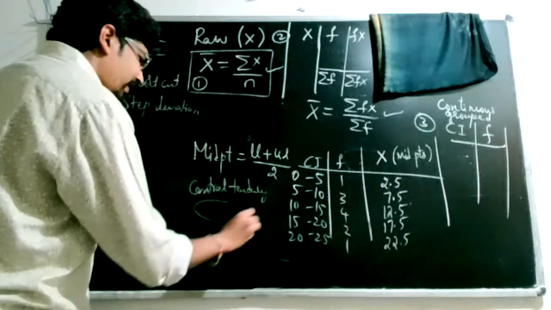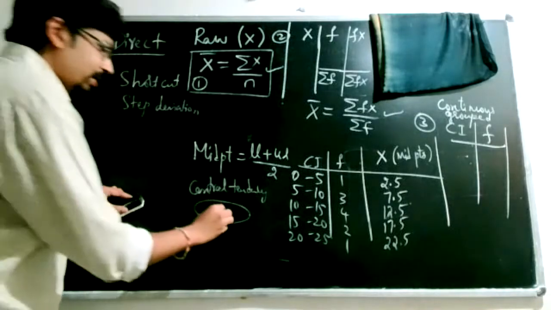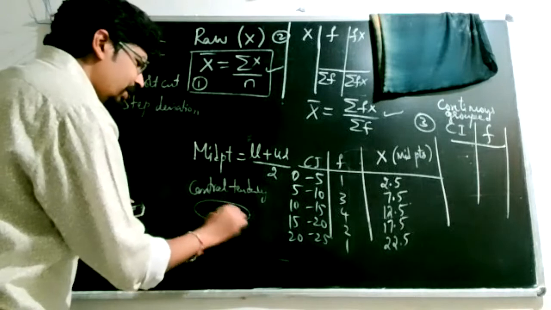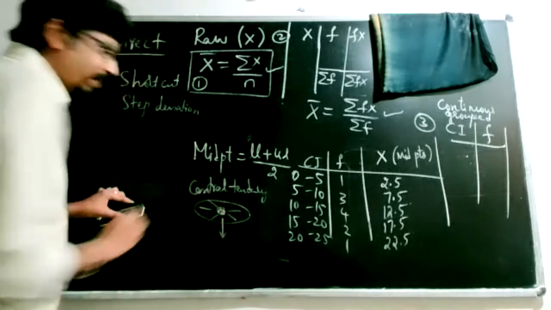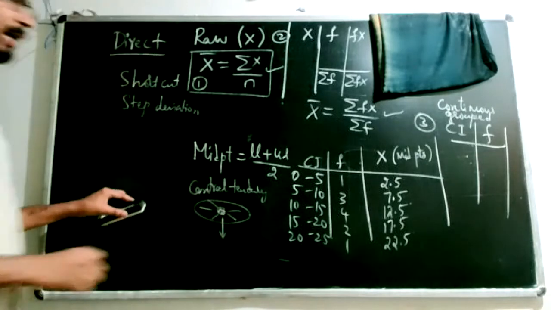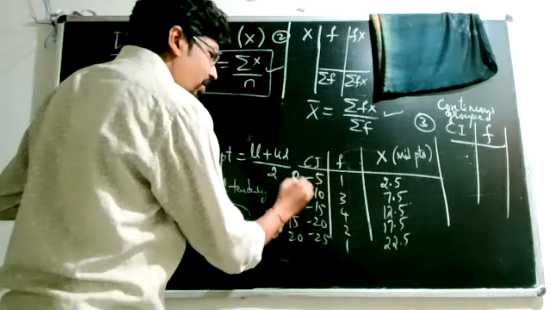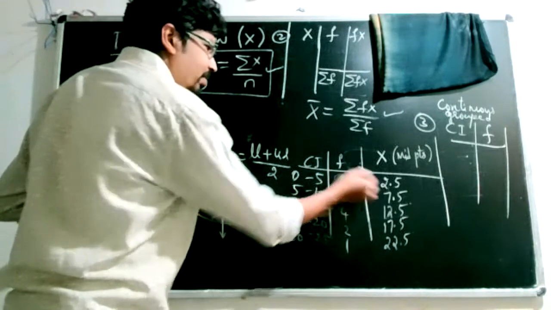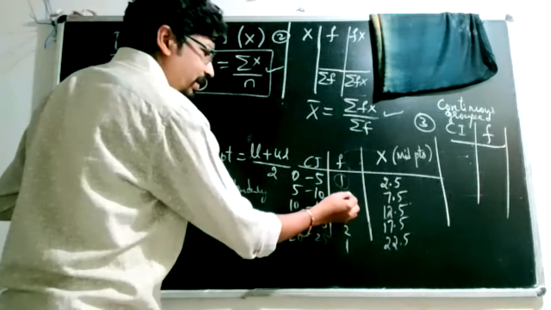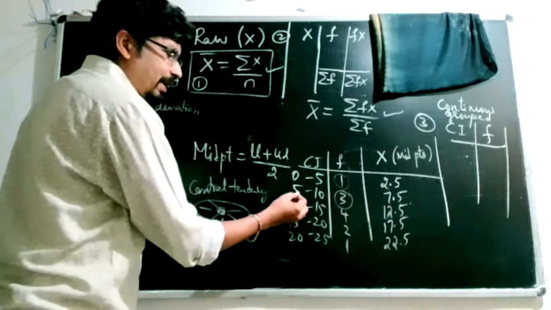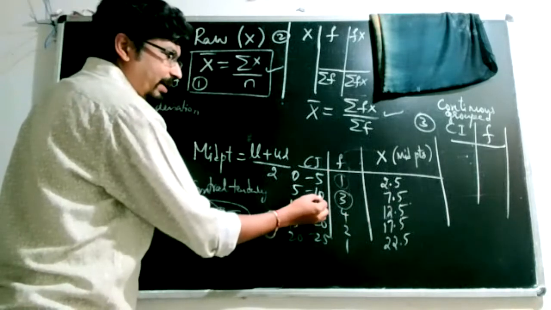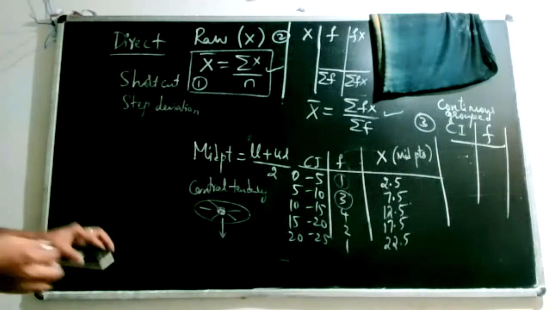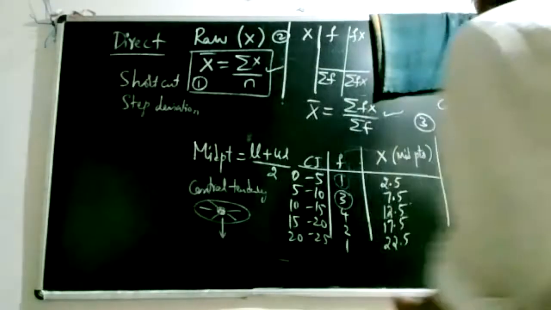If you observe data in a group, you will observe that there is a central value towards which all other numbers are concentrated, and that's why we assume that all the numbers, whatever count you are observing, are very close to the middle value. So here I'm assuming all the three values which are between 5 and 10 are closer to 7.5. Only with that assumption could I compute the mean.